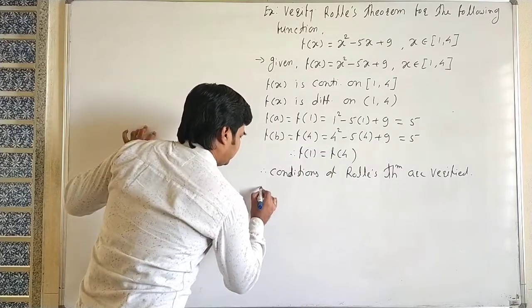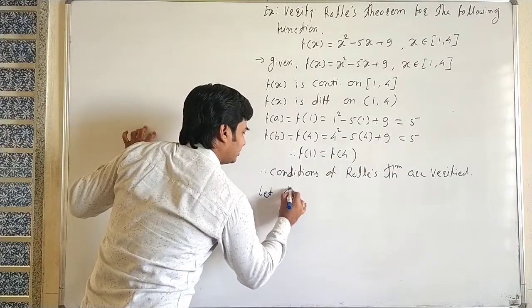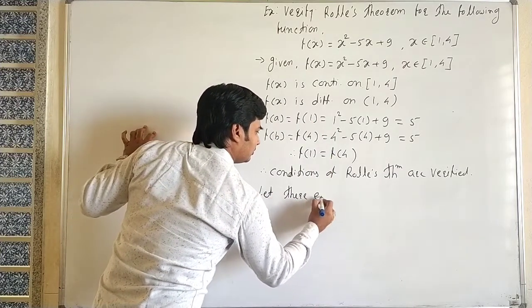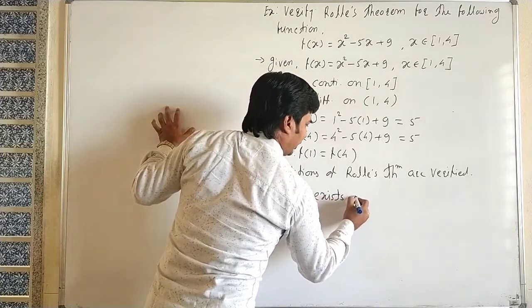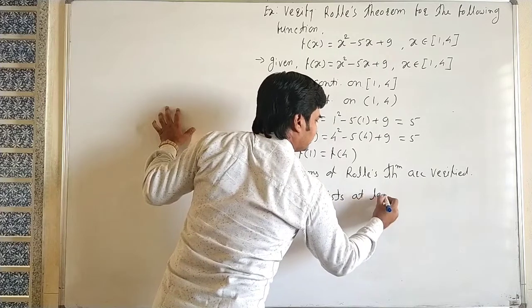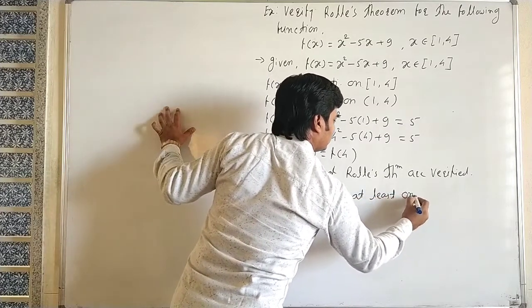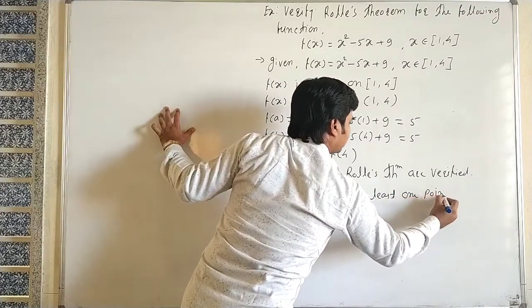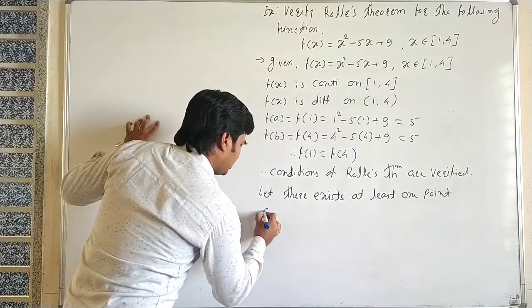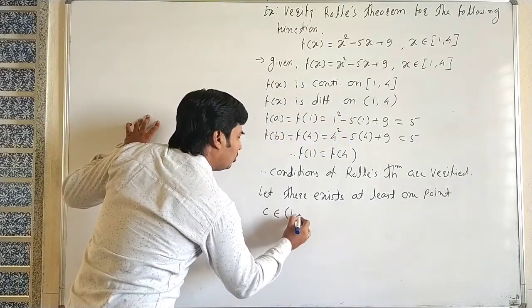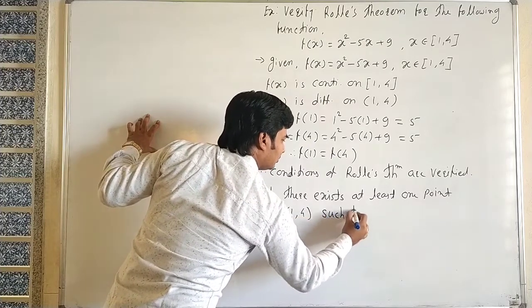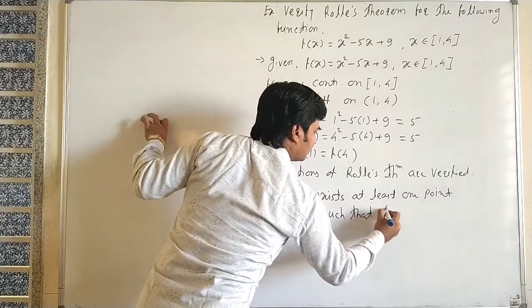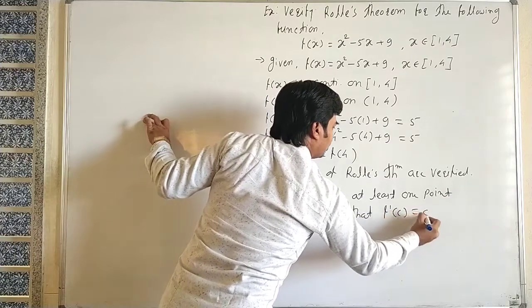Therefore let there exist at least one point c belongs to 1 comma 4 such that f dash of c equal to 0.